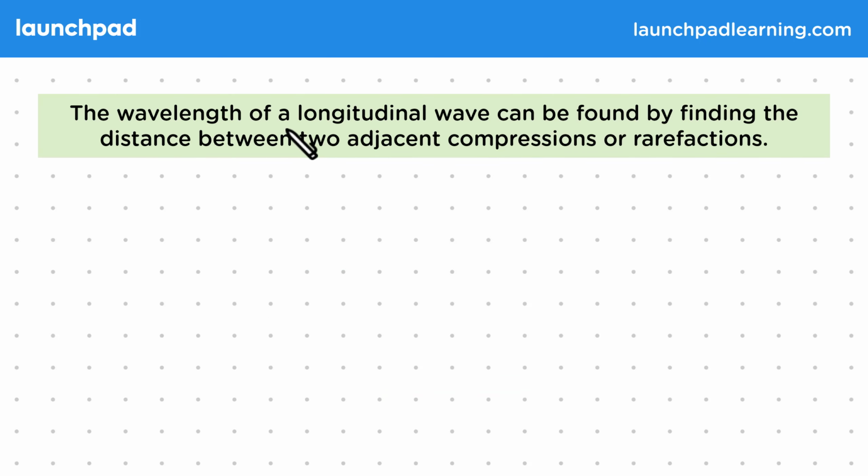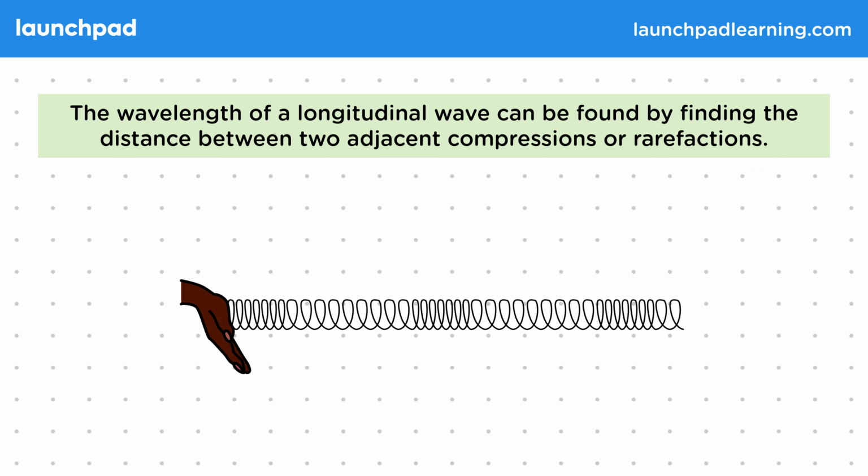Well, the wavelength of a longitudinal wave can be found by finding the distance between 2 adjacent compressions or rarefactions. This is an example of a longitudinal wave, where instead of moving the spring up and down, we push and pull it so the coils move back and forth. There will also be equivalent points with a full cycle of the wave between them, so we can measure a wavelength for this type of wave as well.